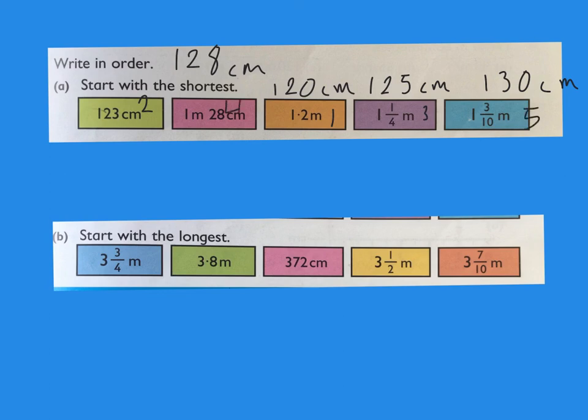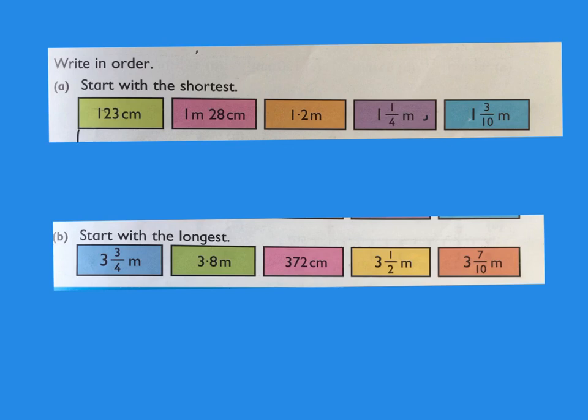Now if I rub out those calculations and start again, but this time I decide not to convert into centimetres only, I decide to change it into a decimal. So this one would be 1.23 metres. This one would be 1.28 metres.